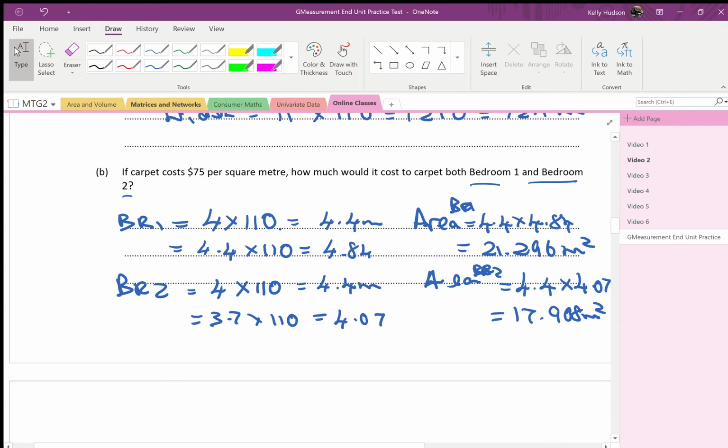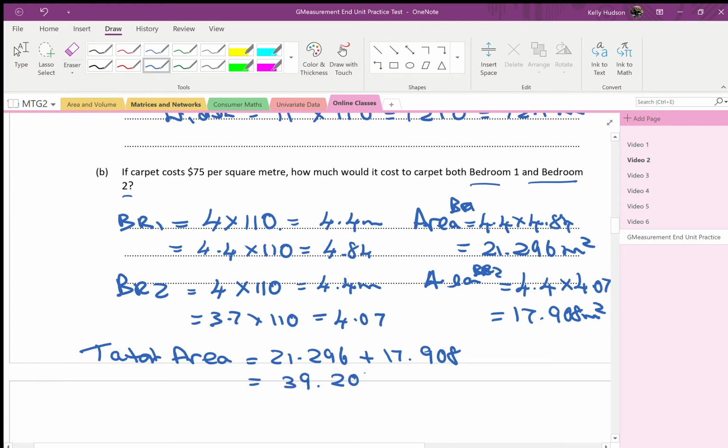So what I need to do is to work out my total area of my 2 bedrooms now. So I'm going to add those 2 areas together. So total area is equal to 21.296 plus 17.908, and that comes out to be 39.204. Now I take that number and I multiply that by the cost of the carpet per square metre.